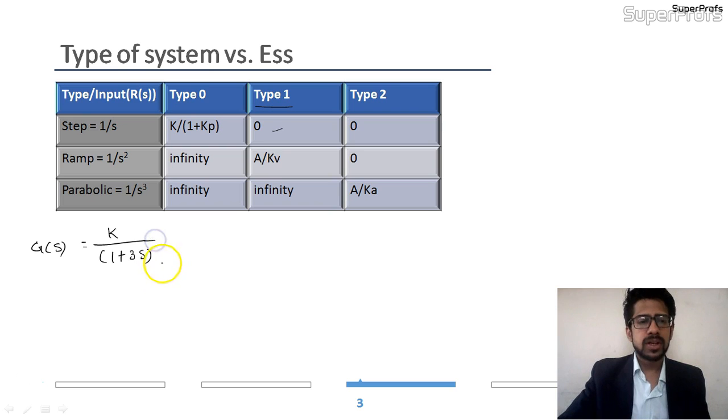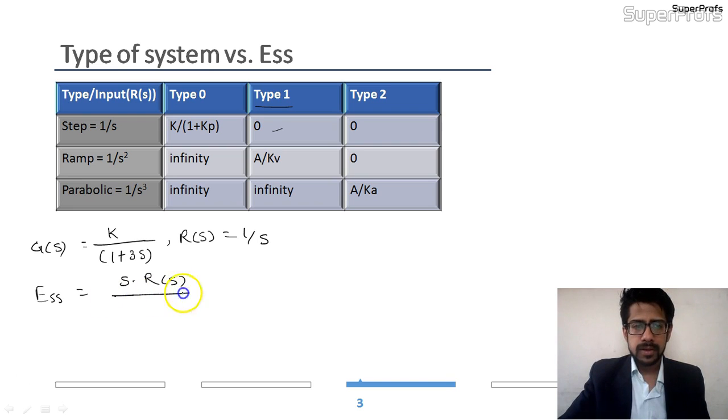Okay, so let this be my type 0 system, and my r of s is nothing but 1 upon s. Now I am interested in calculating the value of steady state error. So ESS is nothing but s into r of s upon 1 plus g of s h of s. I am assuming h of s to be unity.